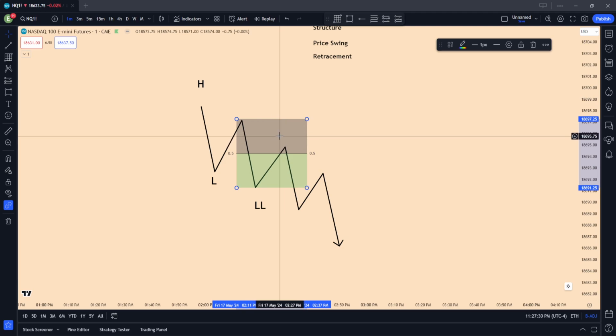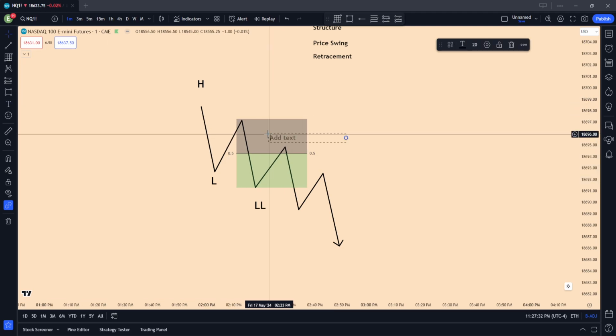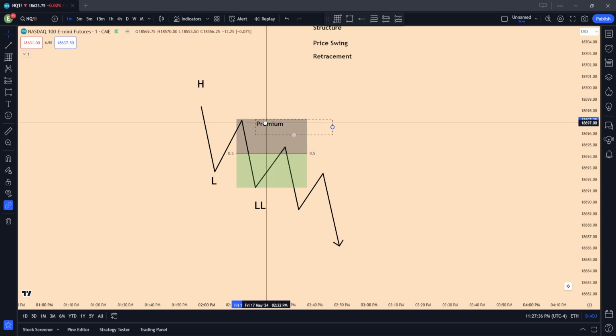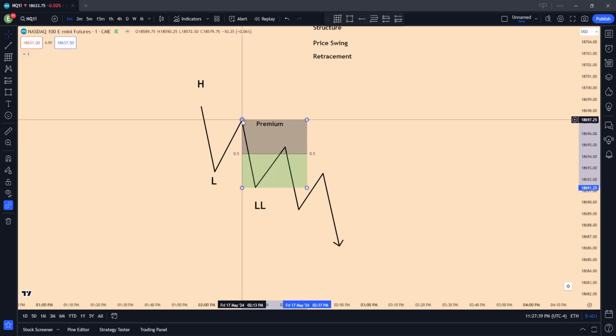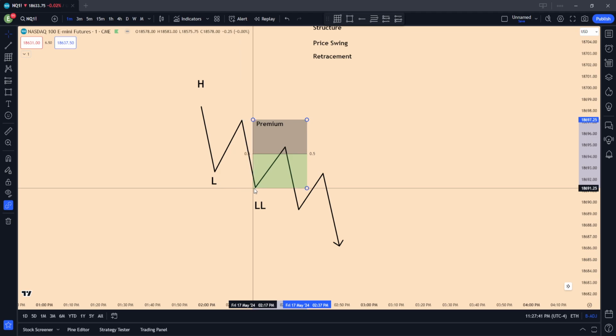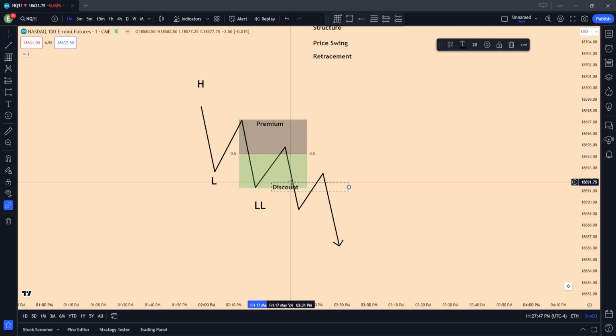So when you have a bearish trend, you want to be selling anywhere above the price swing, which is called the premium. This is the premium. This is the top of the swing, and this is the bottom of a swing. Okay? And this is the discount.